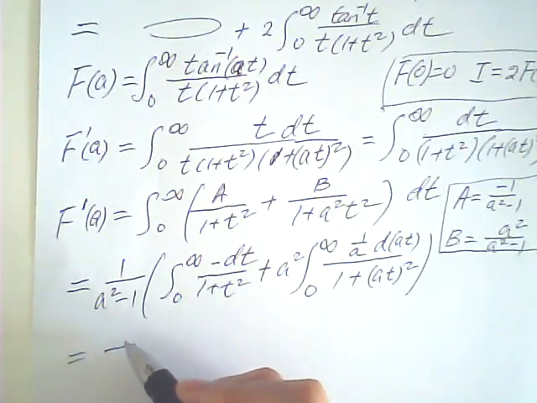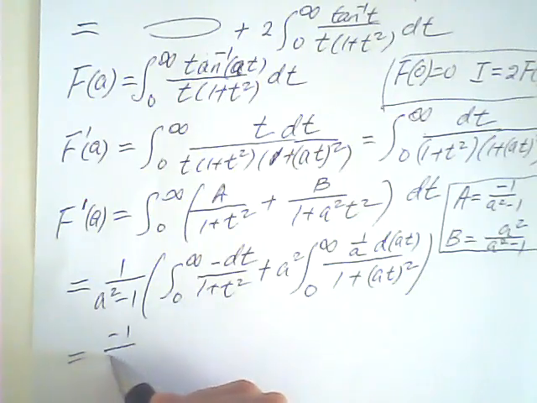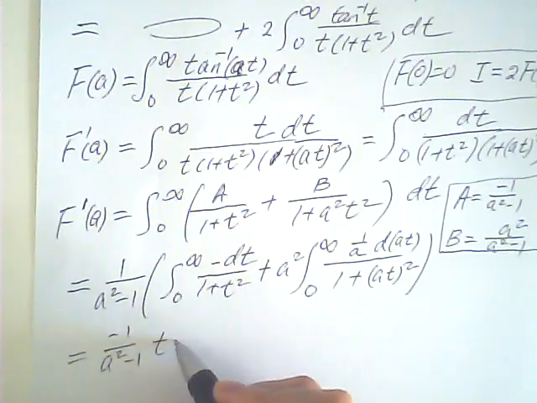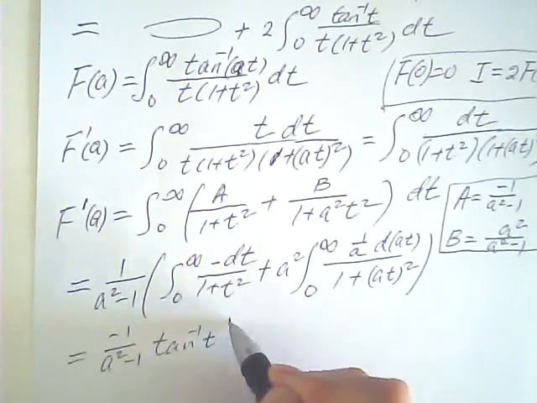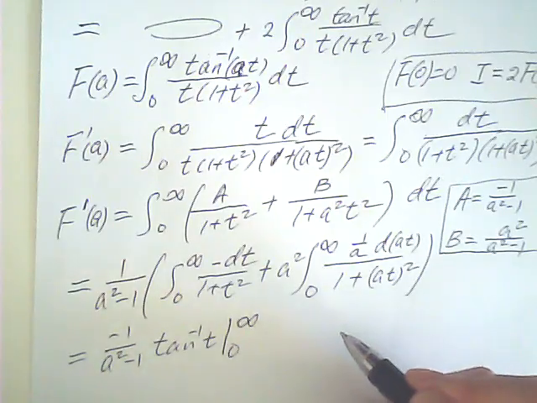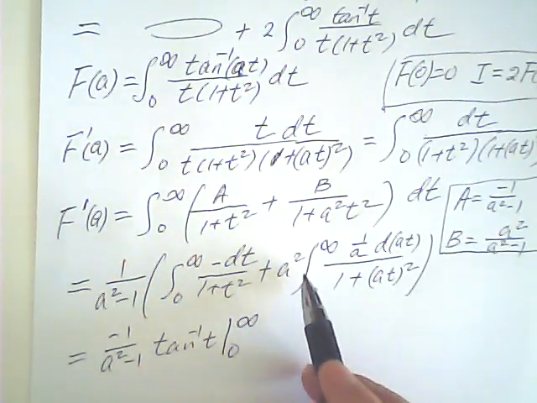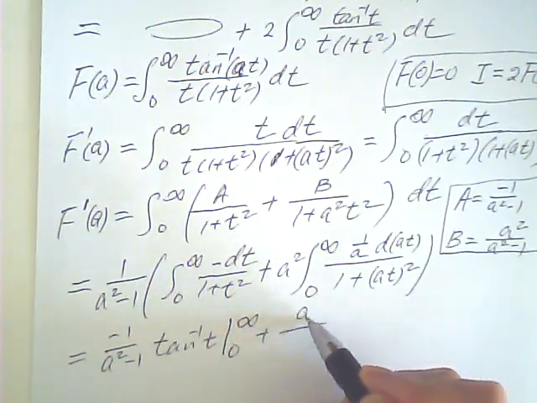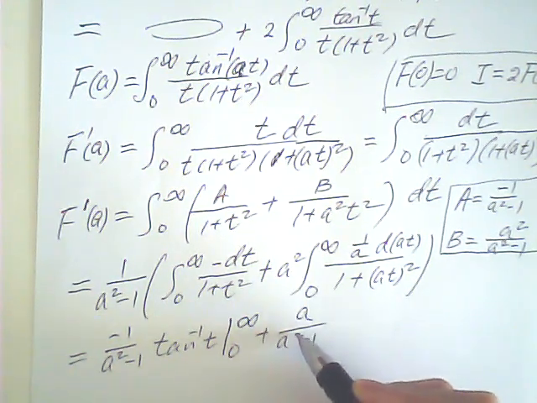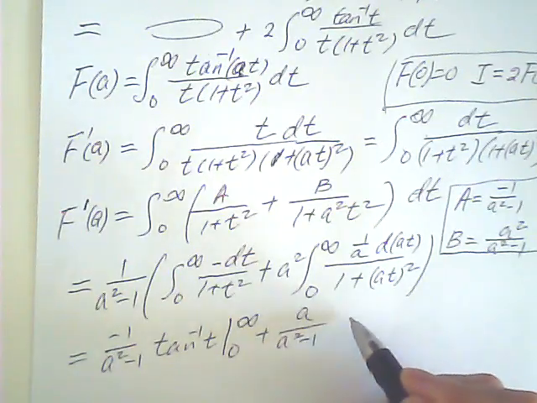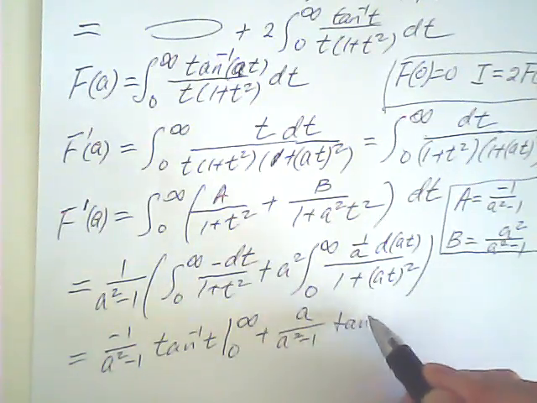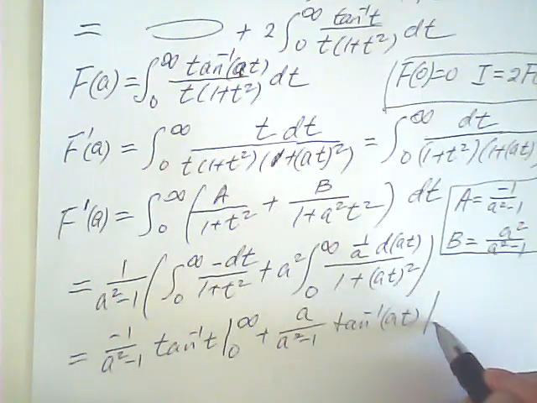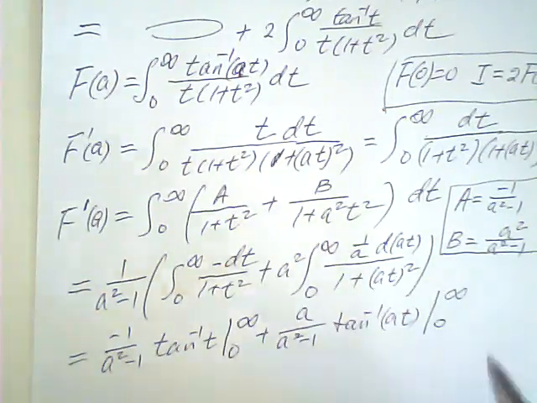So this is equal to minus a squared times 1 times arctangent t, and this cancels 1 a, so it becomes a over a squared minus 1 times arctangent at, from 0 to infinity.